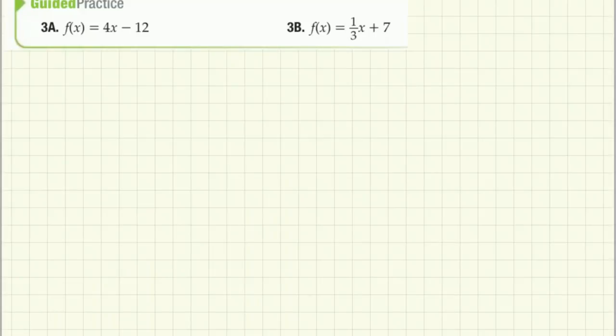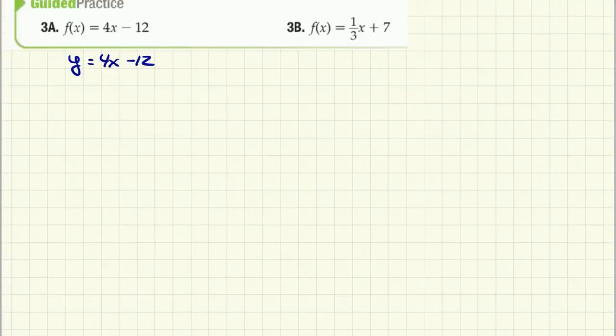So the first thing that we need to do is take a step back and remember a couple of things. First of all, I have f of x equals 4x minus 12. Remember that I can also write this as y equals 4x minus 12.